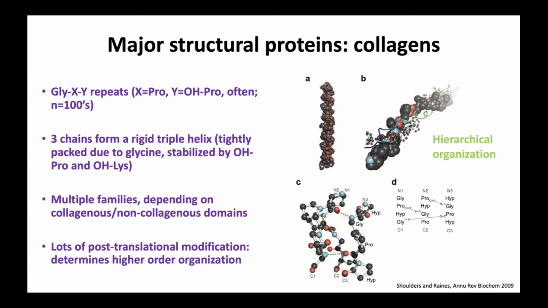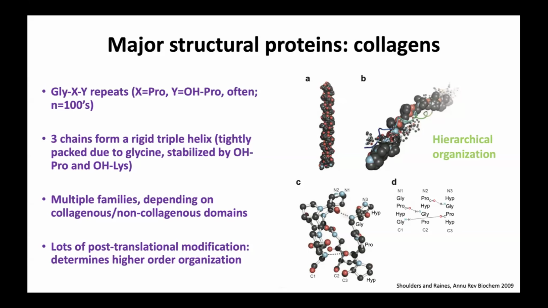Type 1 collagen is almost all these collagen domains. Some collagens have much smaller collagen domains. But these domains are made up of gly-X-Y repeats, where the X is a proline, and the Y is typically a hydroxyproline. And the N of these repeats is in the hundreds to thousands.